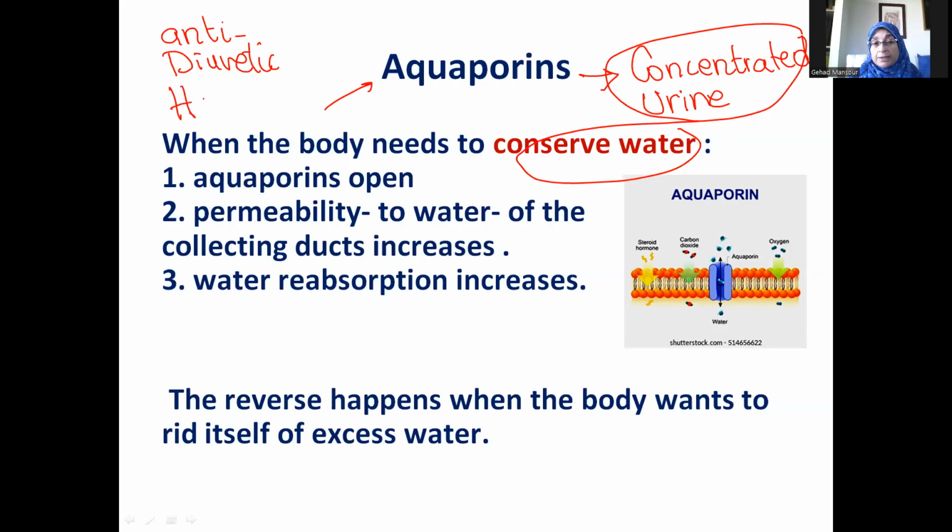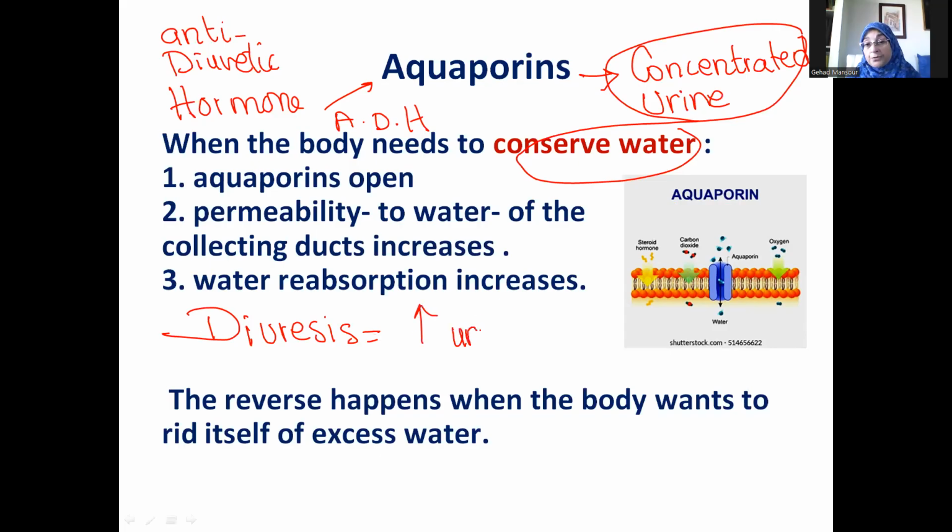Why does it make sense? First of all, antidiuretic hormone, whose acronym is ADH. In medicine and in biology, diuresis means increased urine formation and increased urine volume.